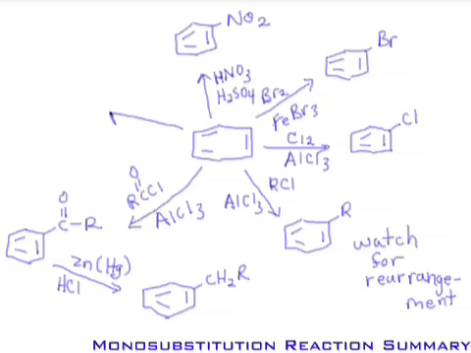And lastly, if we use H2SO4 and SO3, we can get benzene sulfonic acid, SO3H.